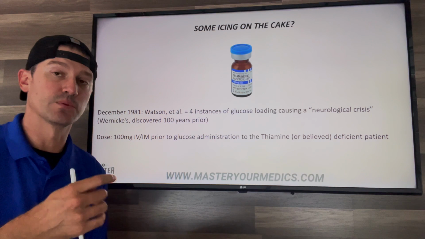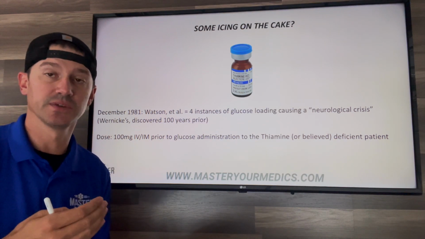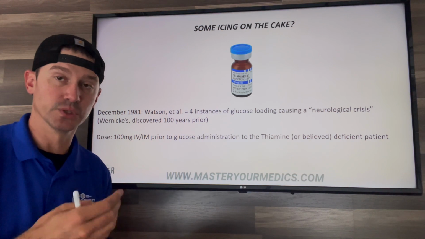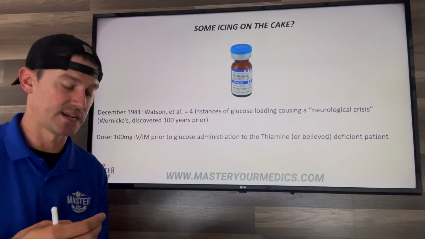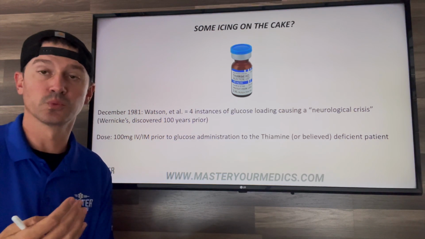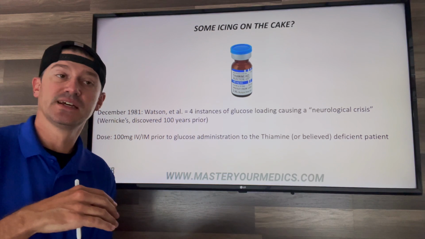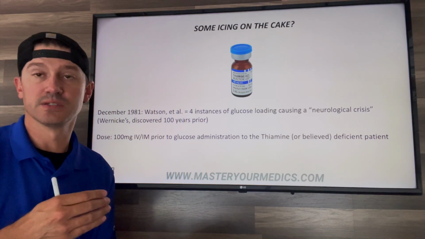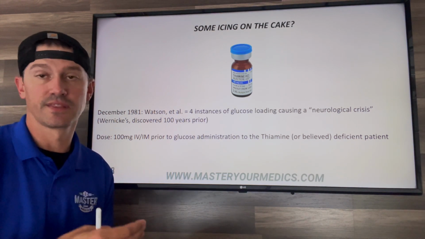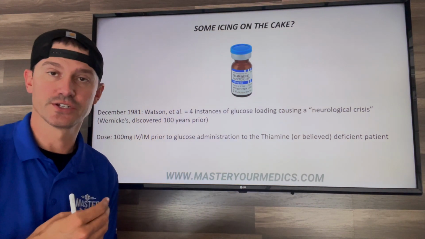They found that there were 4 cases of patients who were hypoglycemic who were given pushes of glucose and then had a neurological crisis, which would be described as Wernicke's-Korsakoff's. Also in that study, those patients had all those symptoms reversed when given thiamine post glucose administration.